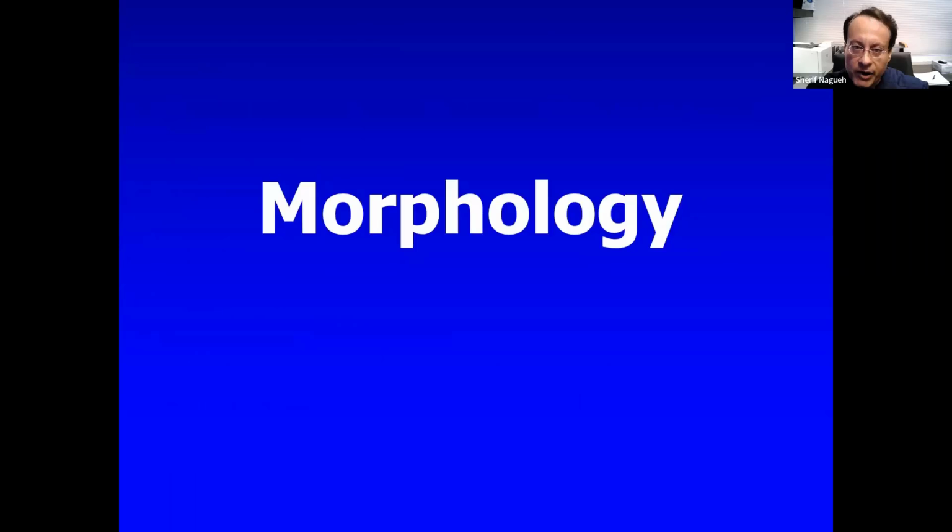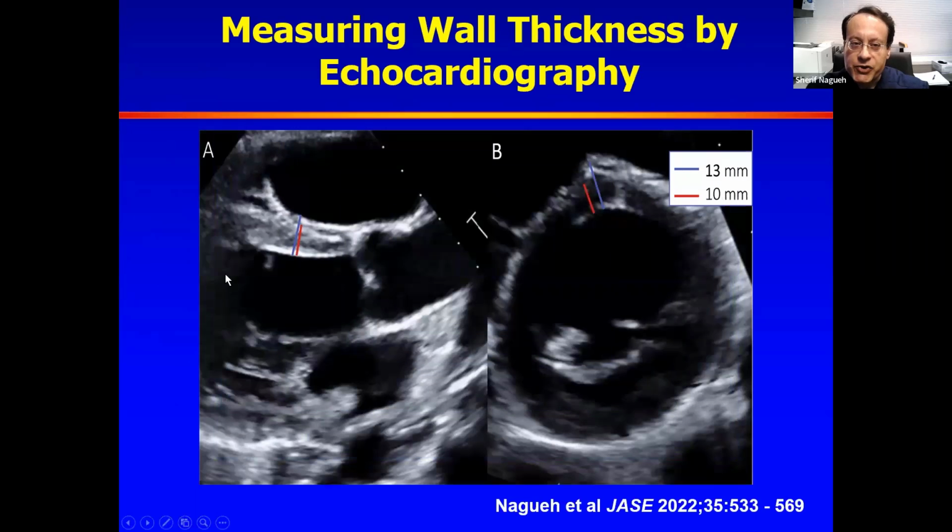Let's start with morphology. We'll start with the first tool that is frequently obtained, which is echocardiography. Many patients may be diagnosed for the first time after an echocardiogram is performed, say for the reason of shortness of breath. It is important when we look at measurements of wall thickness to combine the parasternal long and short axis views together and to avoid off-axis cuts.